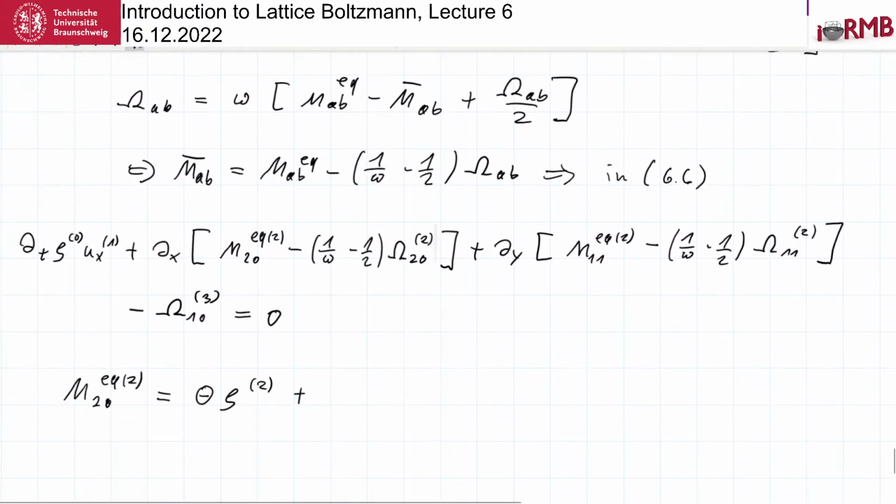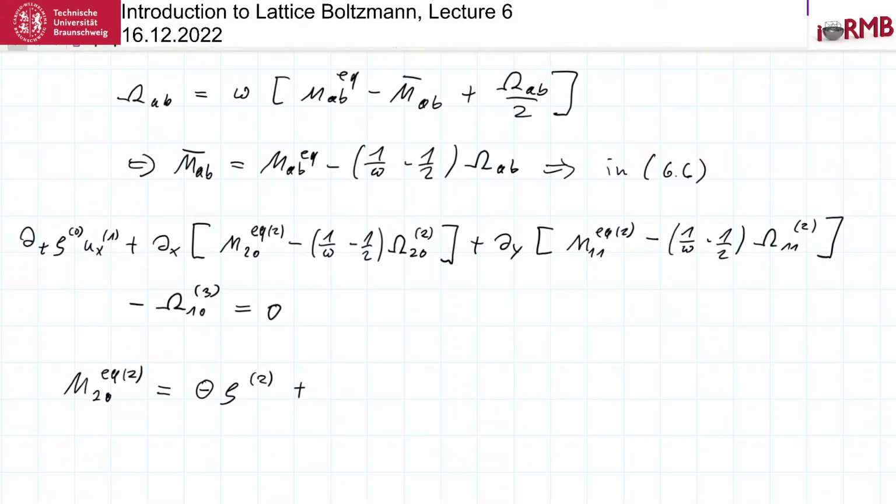Plus, what was this? Plus ux first order, so it is ux first order square. Ux first order square is of course second order, because it comes with epsilon each time, so it's epsilon square.